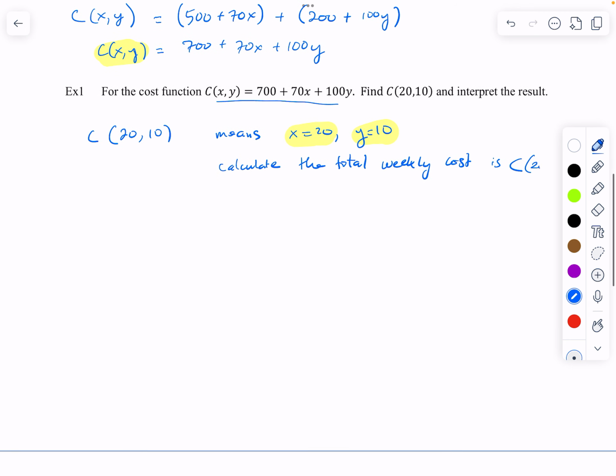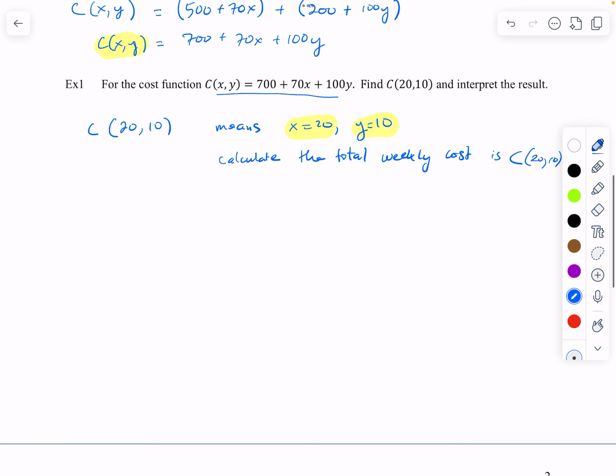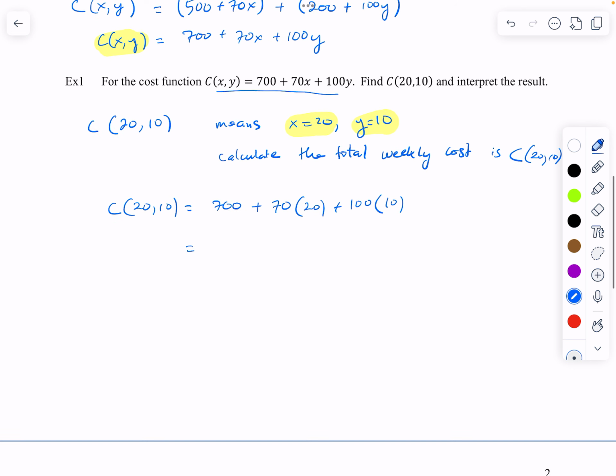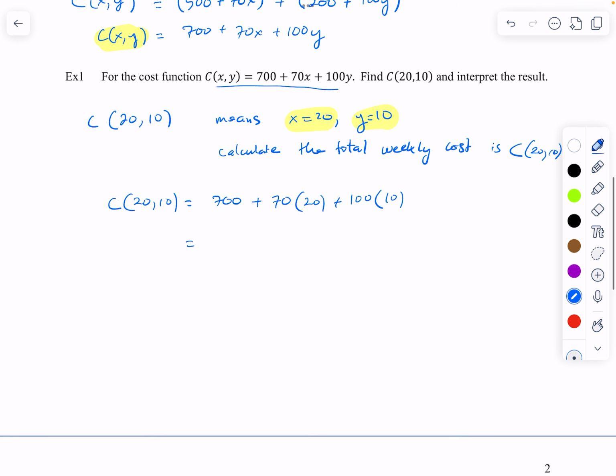So we're just going to plug these numbers into the given equation respectively. We get 70 times 20 plus 100 times 10, and that comes out to be $1,900 per week.